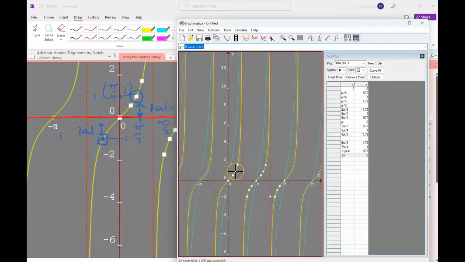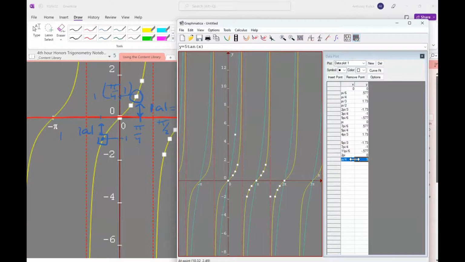So if I trace up from this point onto here, that point should be pi over 4 comma 5. It should be 5 units up from the midline. Here, just to show you. Oops, I meant pi over 4.